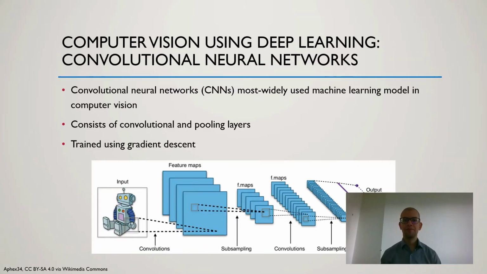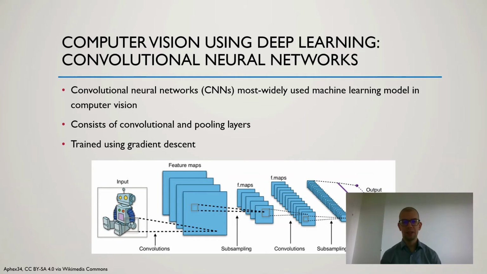So how does this actually work? Well, in computer vision nowadays, the most widely used machine learning model are so-called convolutional neural networks, and this is part of deep learning. These are neural networks which consist of convolutional and pooling layers.